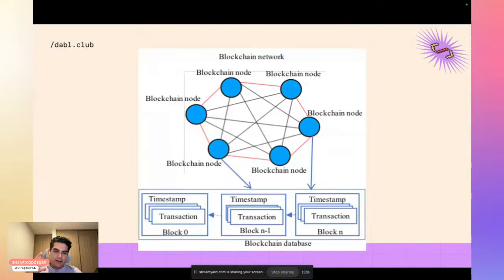So when we think of blockchains from an architectural point of view, or not architectural necessarily, but just how we can understand better how they are distributed, you can think of them as computer networks. And each node is the most basic element of this network. It usually is running on a computer.